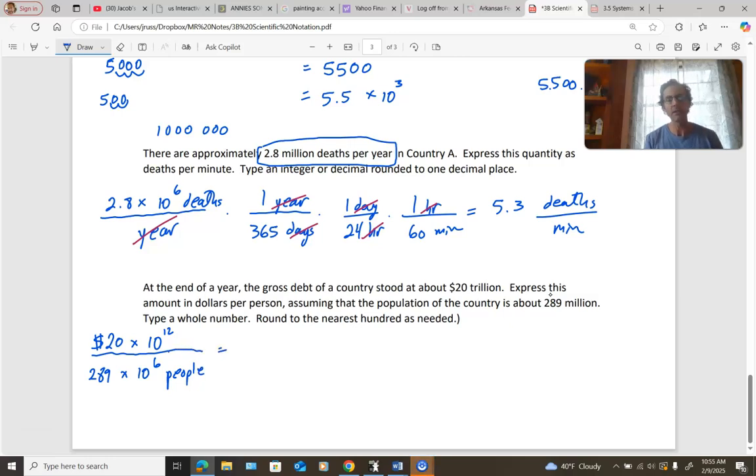And so really all we need to do is just divide this out. I'm going to use my calculator to do that, or I'm actually going to work with these numbers in scientific notation. I'm going to use this opportunity to do that. So what I could do is divide these two pieces.